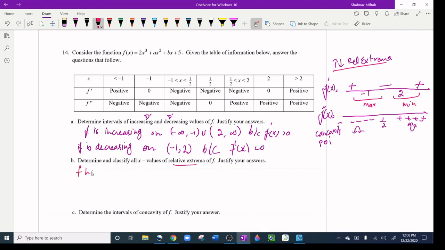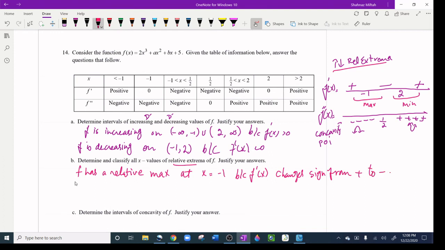F has a relative max at x equal negative 1 because f prime x changes sign from positive to negative.